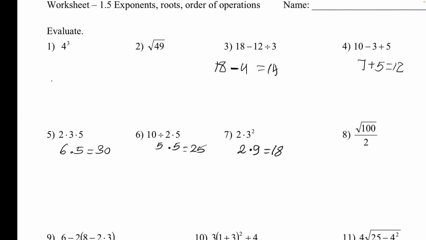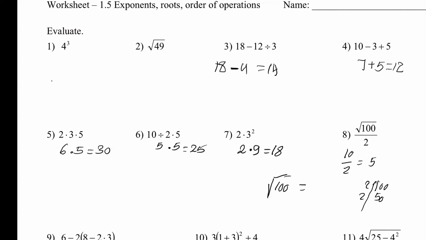Number 8. Direct or simplify? I can tell 10 times 10 equals 100, meaning this 10 over 2, meaning 5. Or root 100: 100 divide by 2, 50.